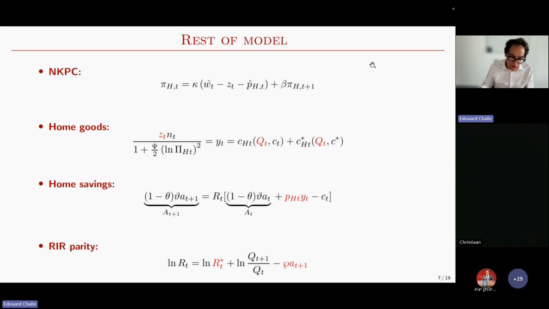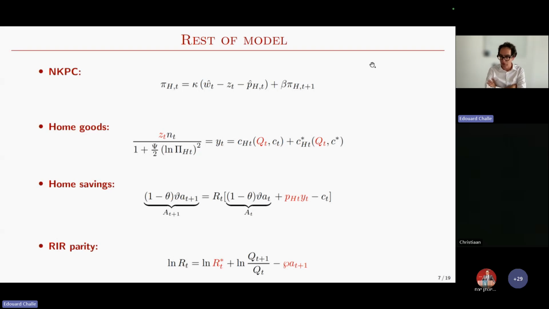The second equation is a market clearing condition for home-produced goods. So on the left, you have total domestic output net of the cost of inflation. I should have said that we have Rotemberg pricing here, so quadratic cost of price changes.